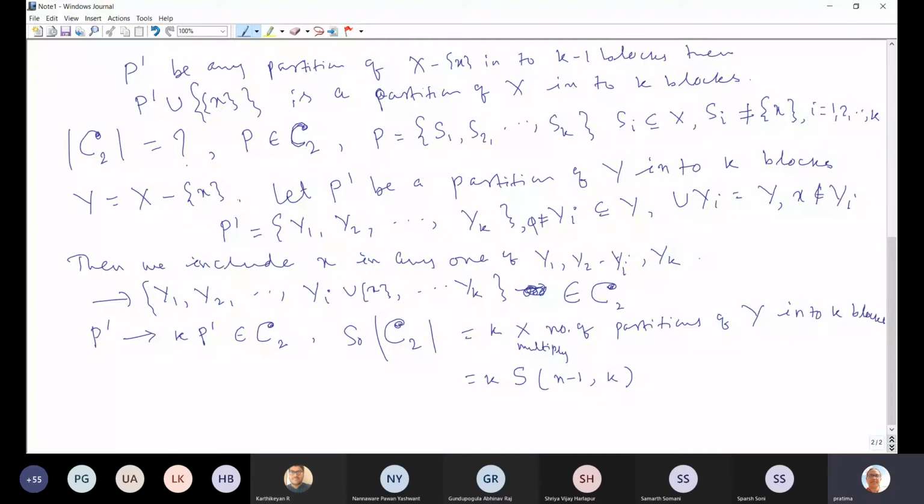Hope we have understood this. It is all right. Any doubt? If you have any doubt, you can ask. Otherwise, let us move to the next.